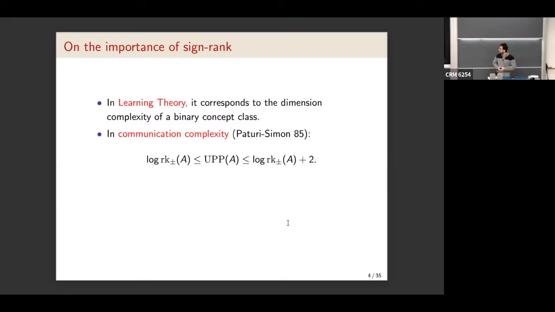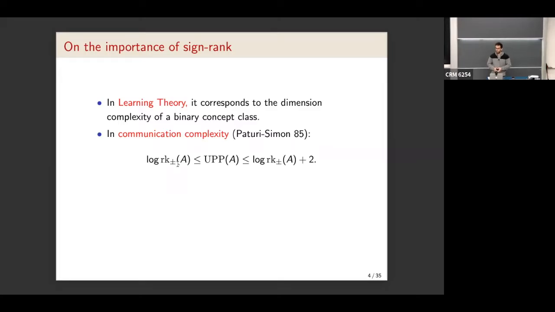Now, in communication complexity, that's where it's formally defined first. It corresponds to a notion called unbounded error communication complexity, denoted by UPP of the matrix. And that's captured almost precisely by the logarithm of sine rank. I'm going to use this notation, rank with pluses and minuses, for sine rank. Sorry, maybe you said the entries have to remain integer?